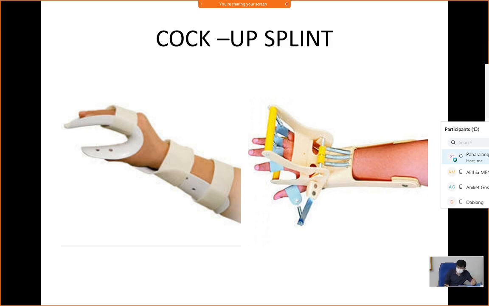Once you palmar flex the wrist, the spring will automatically extend the wrist due to spring action. So it will again go into dorsiflexion, and again you work your muscles and palmar flex it. This way you can flex and extend the wrist. So it keeps the wrist mobile, and keeps the muscles around the wrist active.